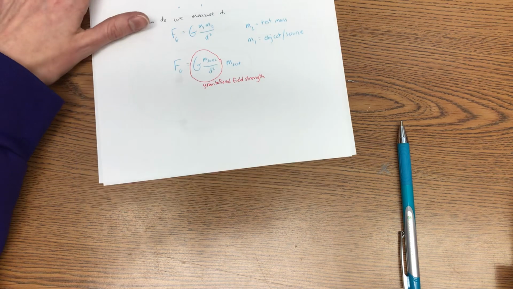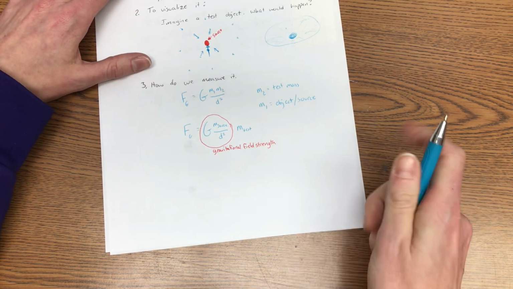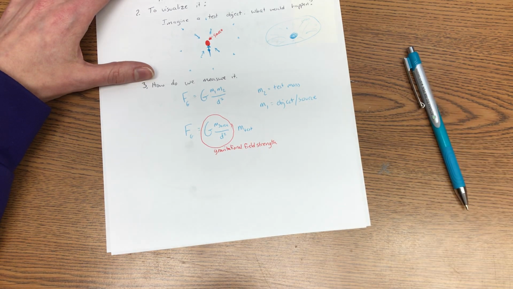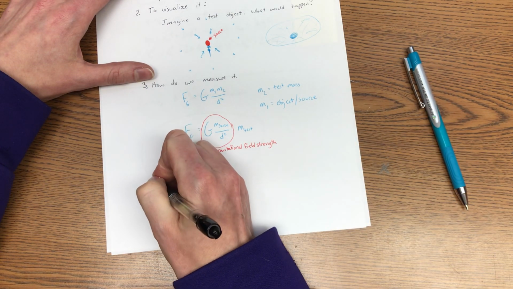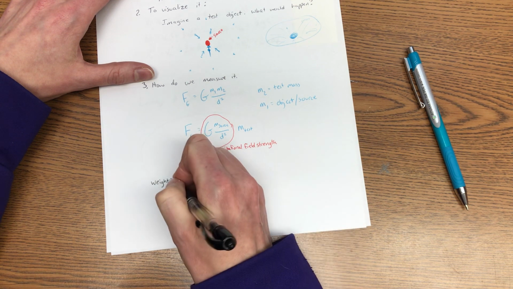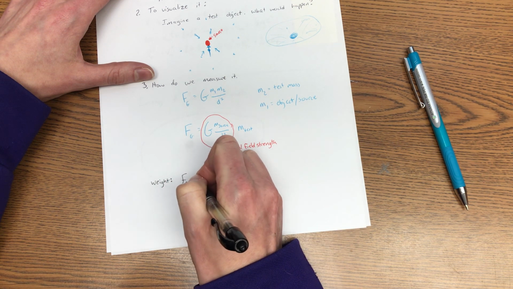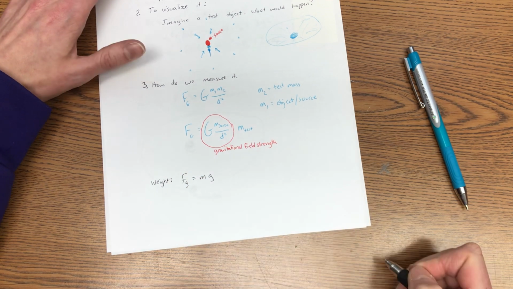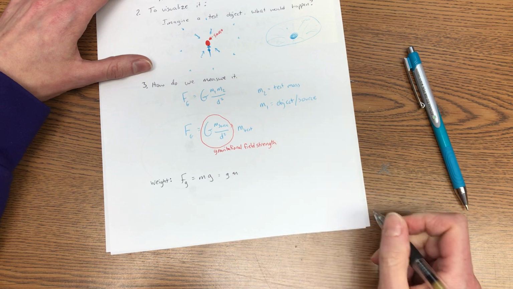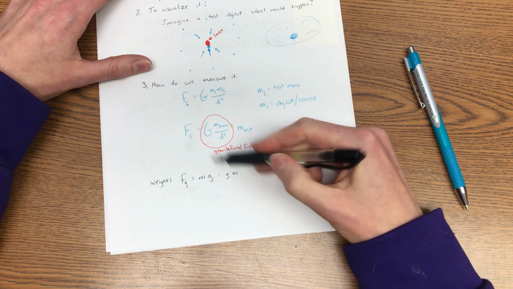Now, we're going to do a little bit of magical stuff right now, okay? There's this other formula that you might remember from another time in your life for the weight of an object. Remember Fg equals m times g? If I rewrite it as g times m, do you see a similarity to the format here?